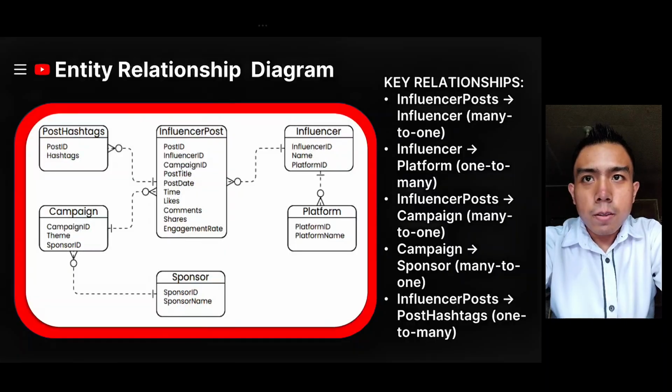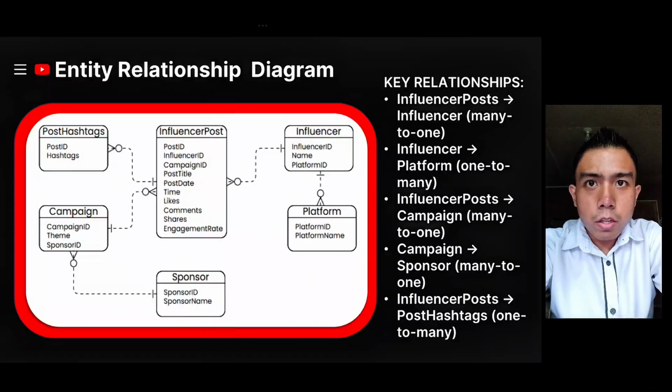We are on slide 15. So the ER diagram illustrates the relationships between all tables in the system. The influencer post table connects to the influencer table through a many-to-one relationship, while each influencer links to a platform in a one-to-many relationship. Influencer posts also connect to campaigns in a one-to-many relationship, and each campaign is tied to a sponsor in another many-to-one connection.